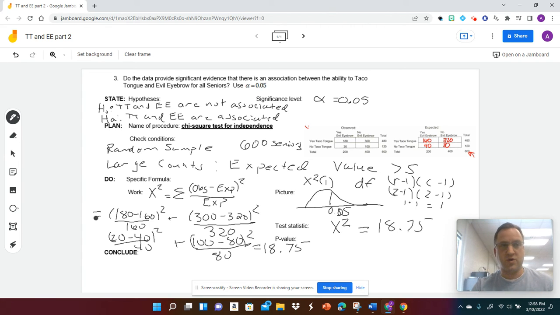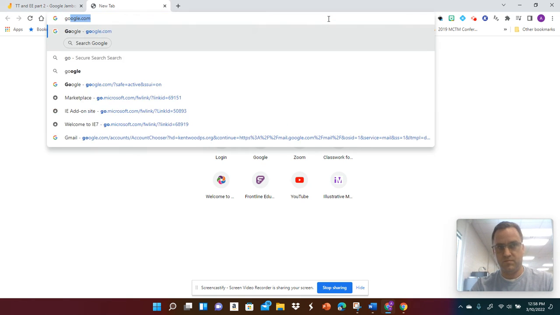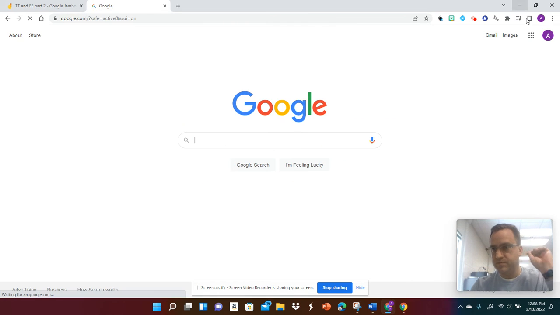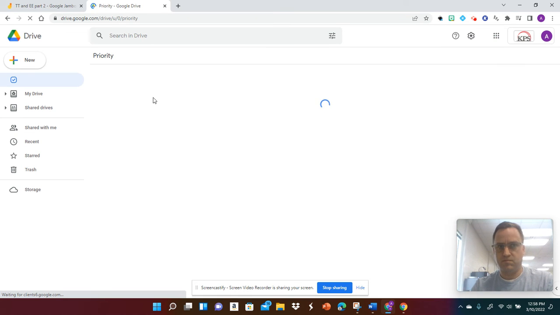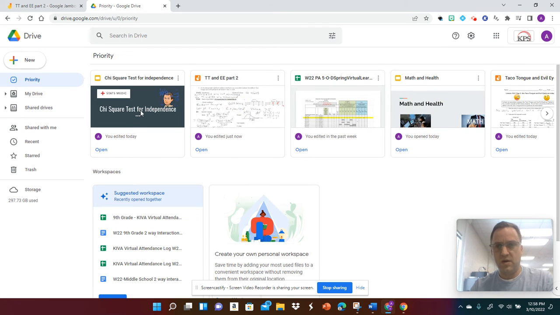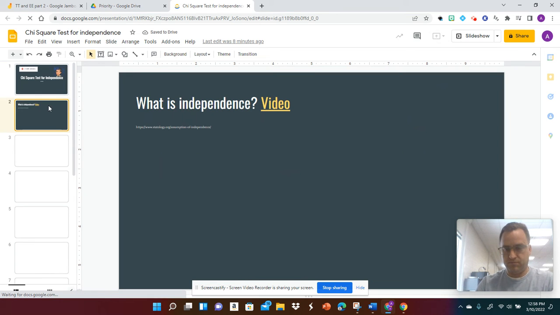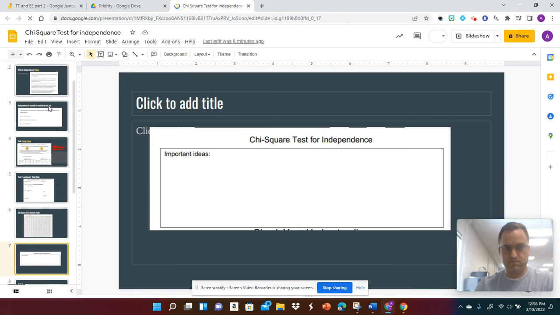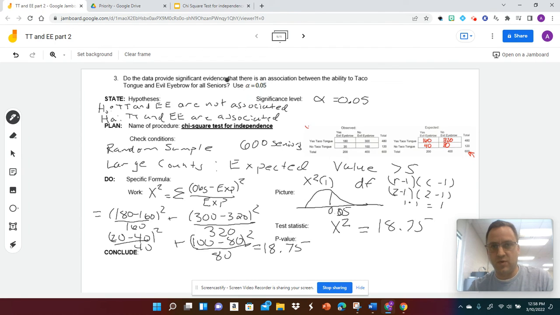Now, what I'm going to do real quick is open up a chi-squared table. I put one on here in our documents, and you can look right here. Let me actually put this so you can see what I'm doing.